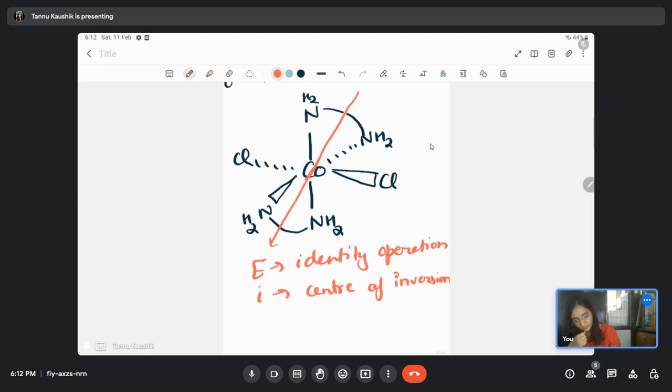We have this C2 axis and then a sigma H plane perpendicular to it.